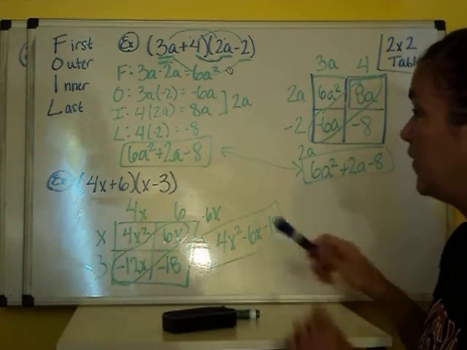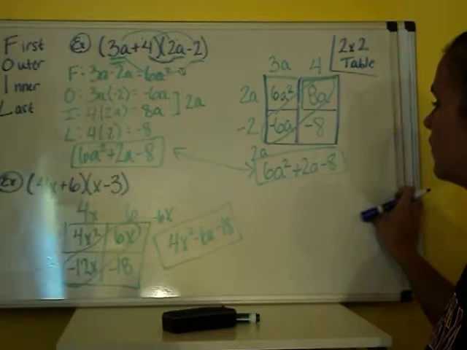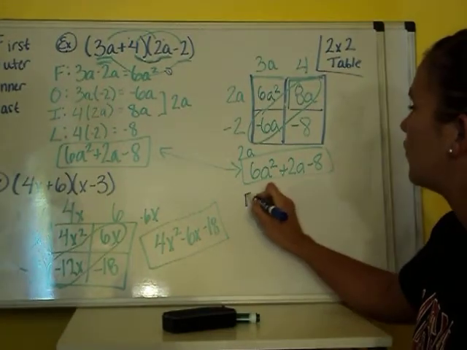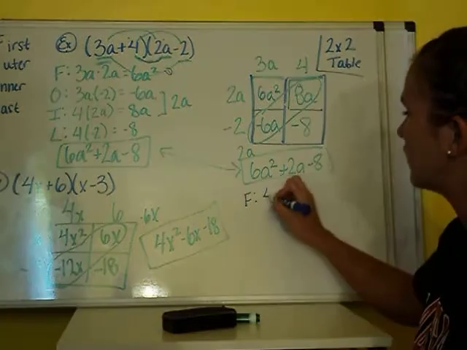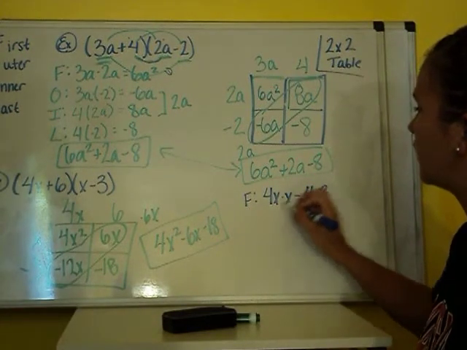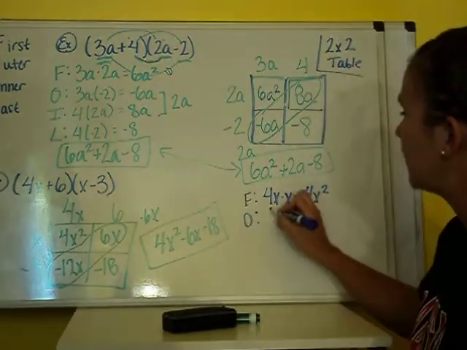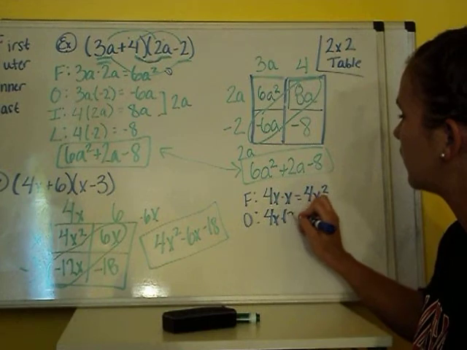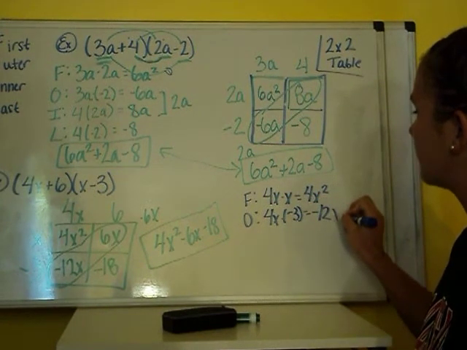Okay? If you had chosen to FOIL, first you would have gotten 4x and an x, which gives you 4x squared. Outer, 4x times negative 3, which gives you negative 12x.